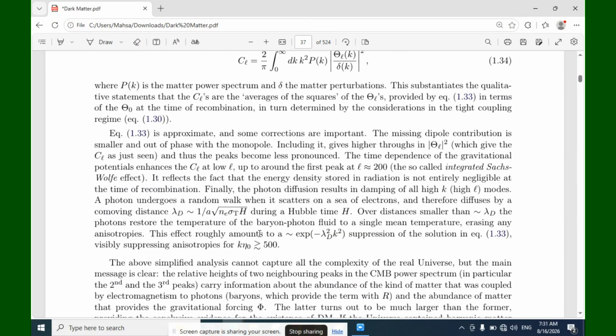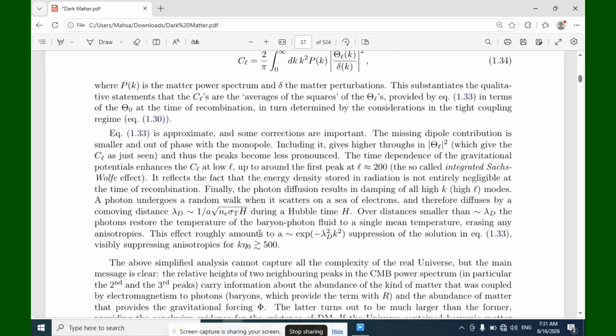Equation 1.33 is approximate and some corrections are important. The missing dipole contribution is smaller and out of phase with the monopole; including it gives higher troughs in absolute theta_l to the power of 2, which gives the C_l as just seen, and thus the peaks become less pronounced.